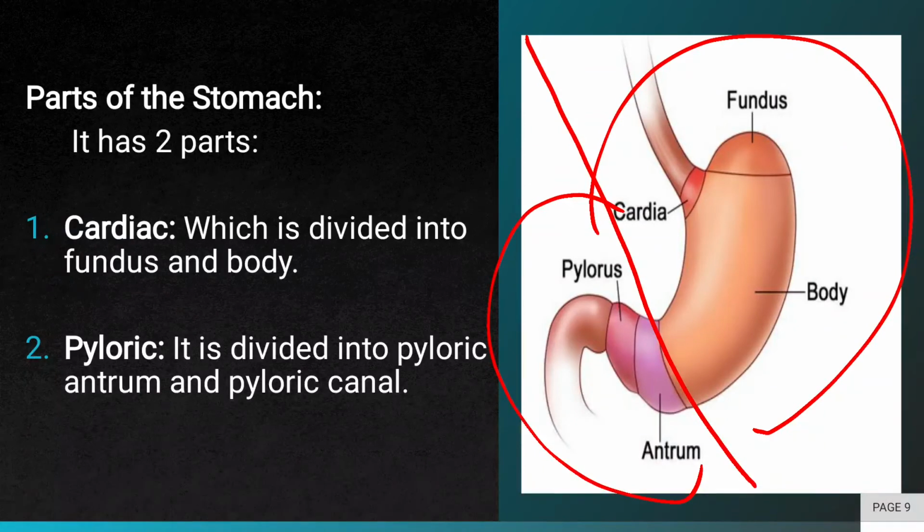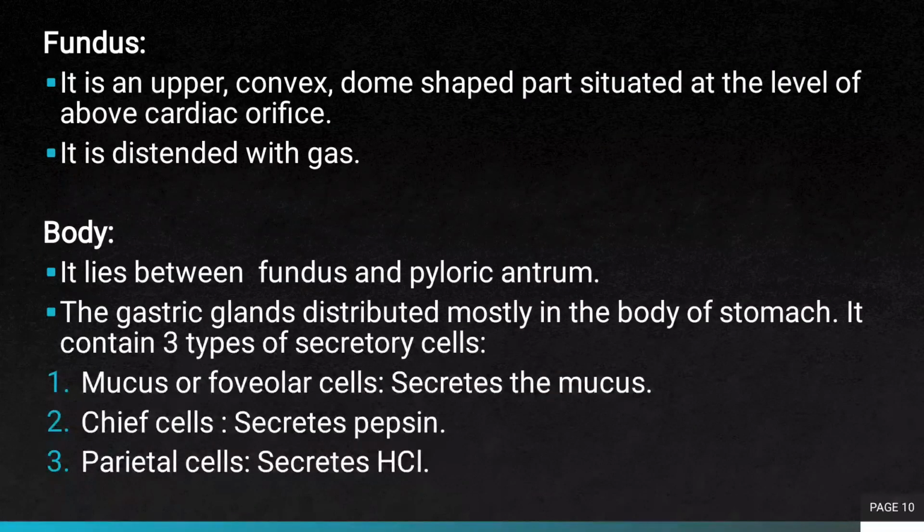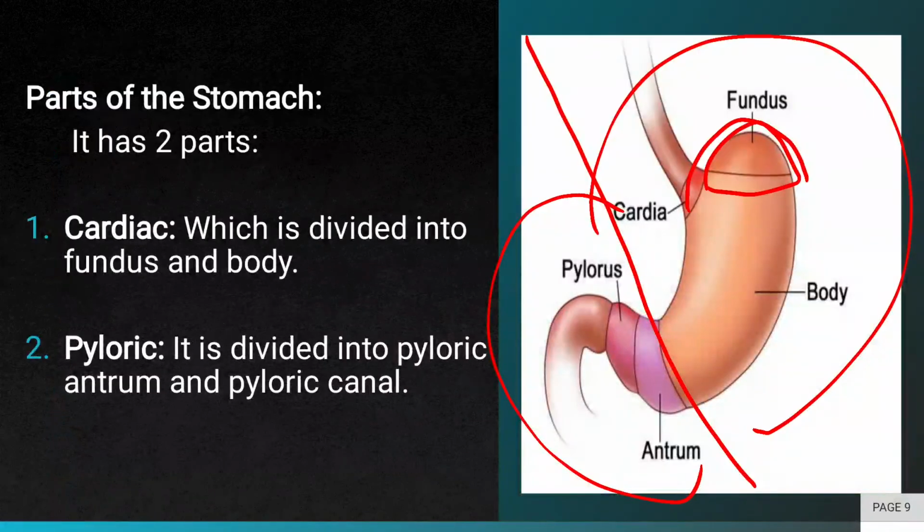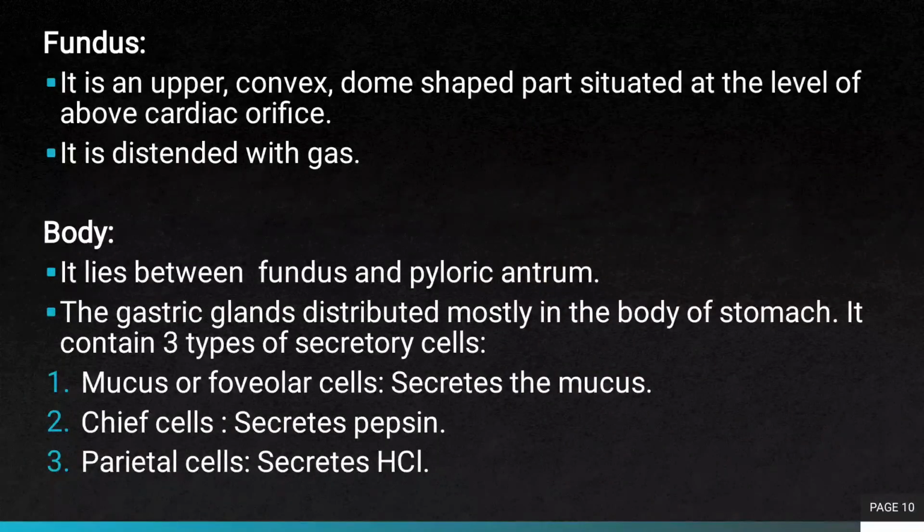So the fundus, as you can see, is convex and dome shaped and is filled with gas. Body lies between the fundus and pyloric antrum, and there are secretory glands here in the body. Those glands are mucus or foveolar cells, which secrete mucus, chief cells, which secrete pepsin, and parietal cells, which secrete HCl.